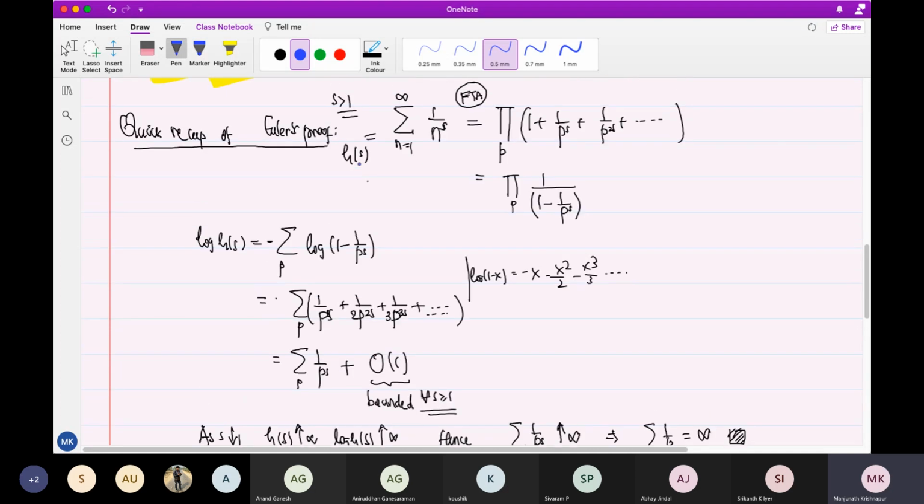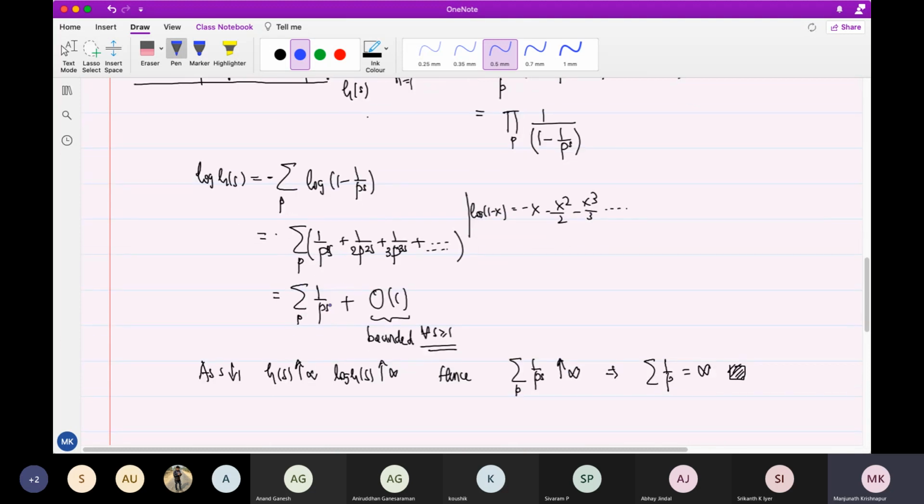But then from that, when we take log zeta s, it was basically the log of 1 minus 1 over p to the s, and log of 1 minus x is basically like x for small x. So log zeta of s is like the summation over p of 1 by p to the power s, plus some terms which stay bounded, whatever you do.